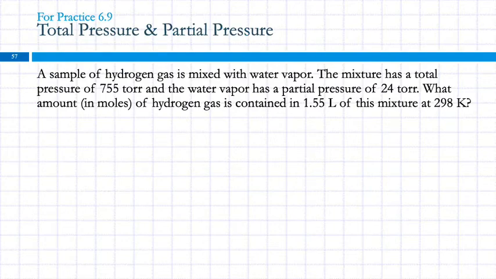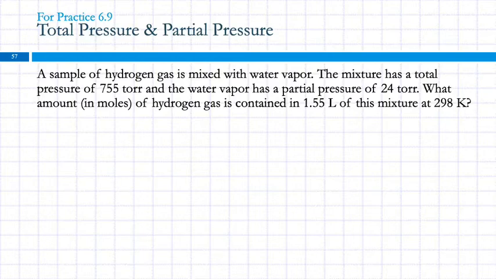A sample of hydrogen gas is mixed with water vapor. The mixture has a total pressure of 755 torr. Water vapor has a partial pressure of 24 torr. What amount in moles of hydrogen gas is contained in 1.55 liters of this mixture at 298 Kelvin?